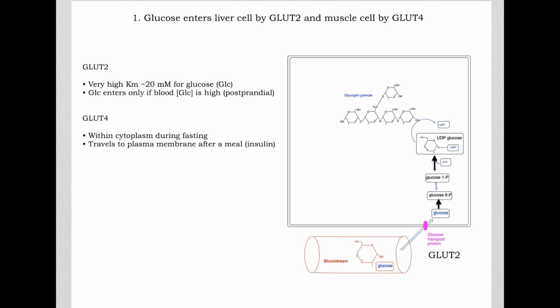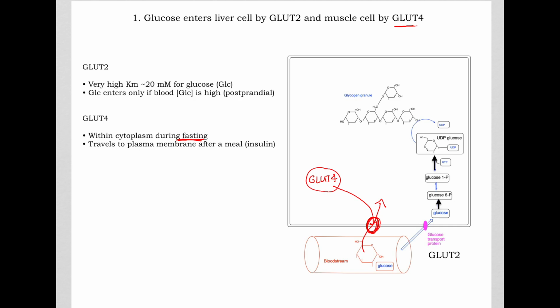Now GLUT4, which is found in the muscle cells as well as adipocytes, is found inside the cytoplasm during fasting conditions. Only after a meal will this GLUT4 travel from the cytoplasm to the plasma membrane, and only once it is in the plasma membrane can glucose be transported into the cytoplasm.